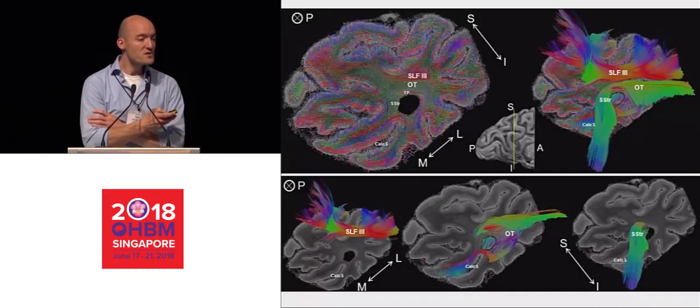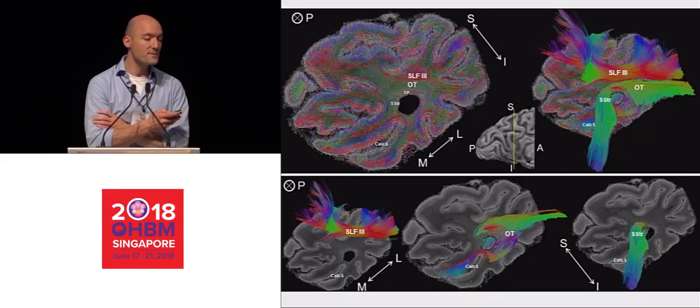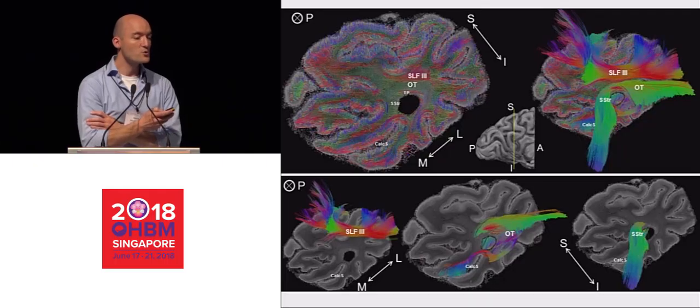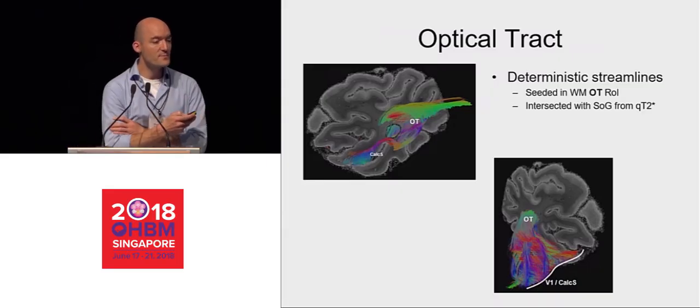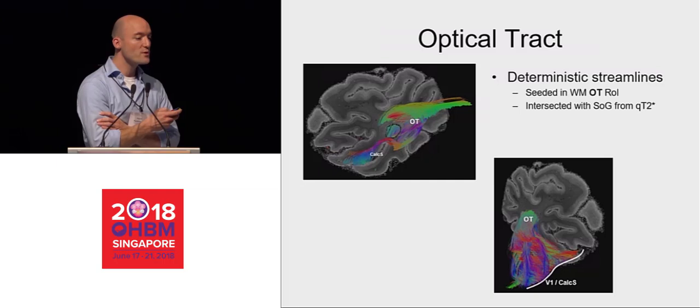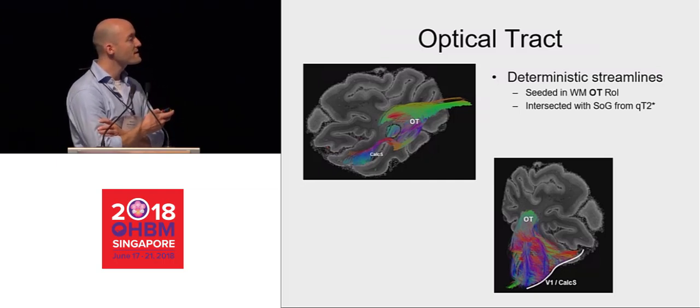Now, parcellating these out a bit, at the bottom here, you can see that especially between the optical tract in the middle at the bottom there and the sagittal stratum and the tapetum on the left there, their different course through white matter also corresponds to a different origin earlier on in the brain. And just focusing on that a little bit more, here's the deterministic streamlining between the optical tract in white matter and the stria of Gennari, which we parcellated on the T2 star.